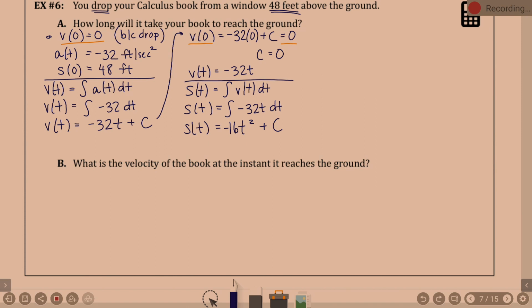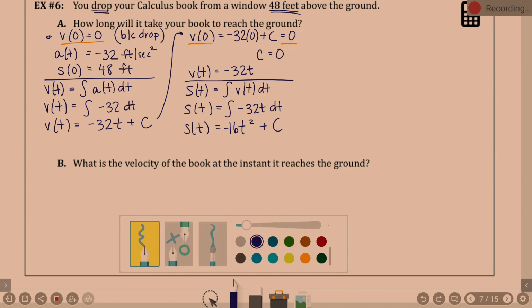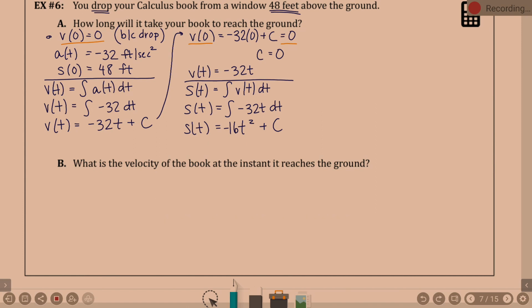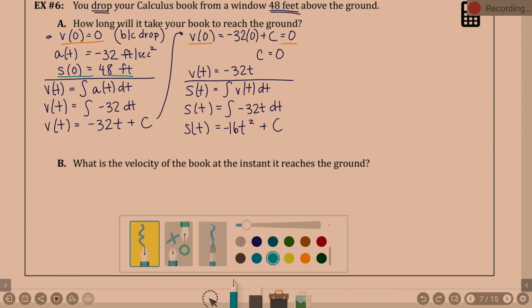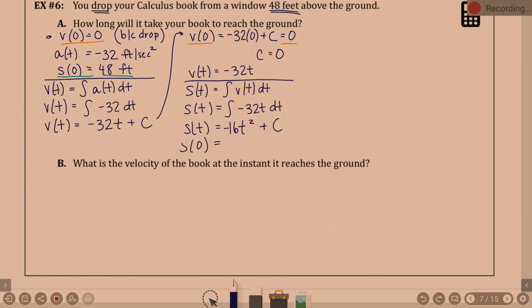And C is 48 or is not 48? Well, prove it. What do we know? Oh, yeah. S of 0 is 48. So if I look at S of 0, plugging in 0, it's going to equal 48. Did we follow that better this time?